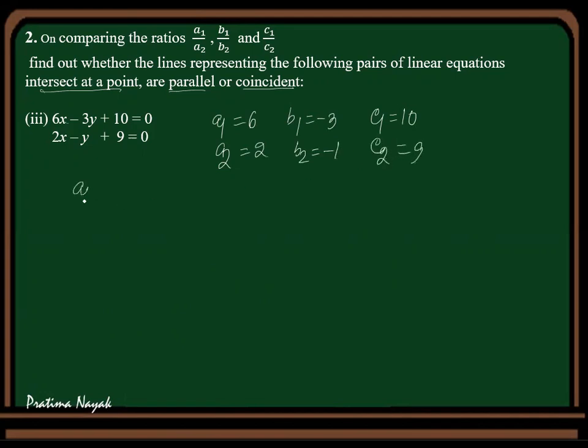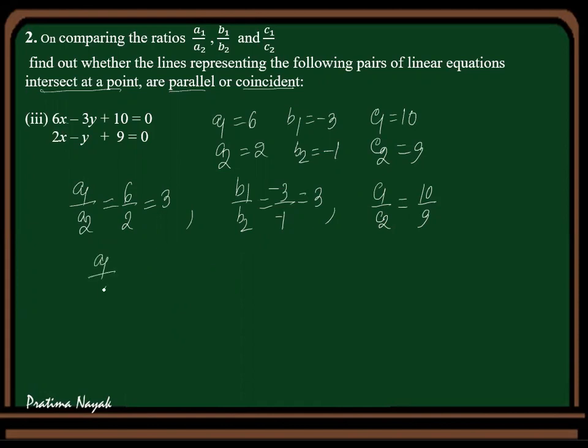So a1 by a2 is equal to 6 by 2, that will be 3. b1 by b2 is equal to minus 3 by minus 1, that is also 3. And c1 by c2 is equal to 10 by 9. So that is not equal to 3.